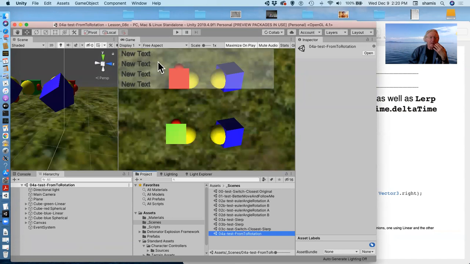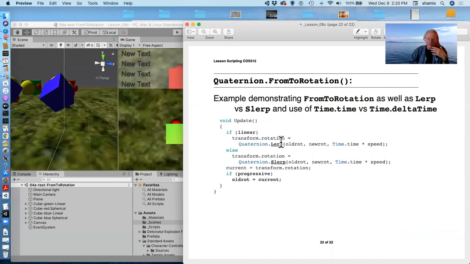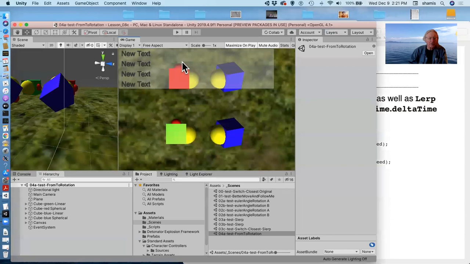This one. So I have these two blue objects. One of them is using linear interpolation. The other one is using spherical interpolation. I have options of doing it progressively, which is where the rotation gets updated each step, or doing it based on the value of Time.time. And I have these two others that are just following the blue ones.